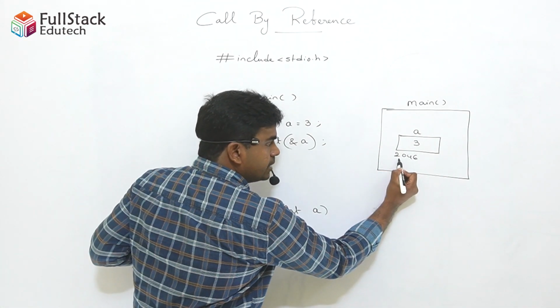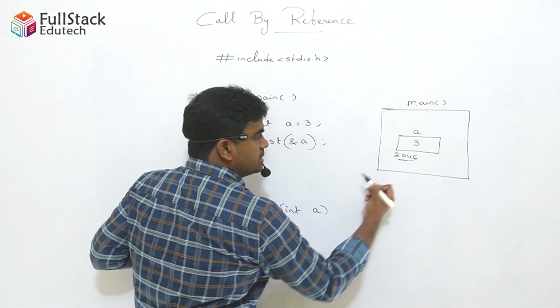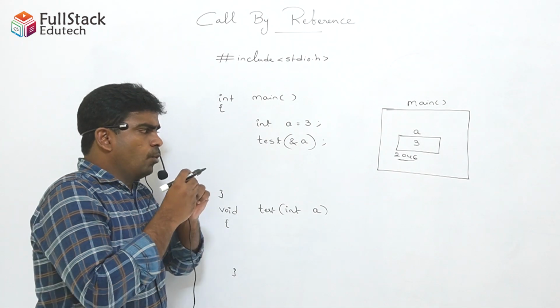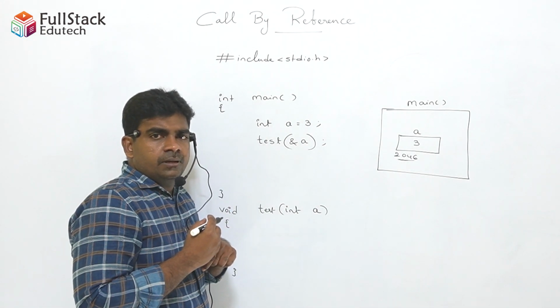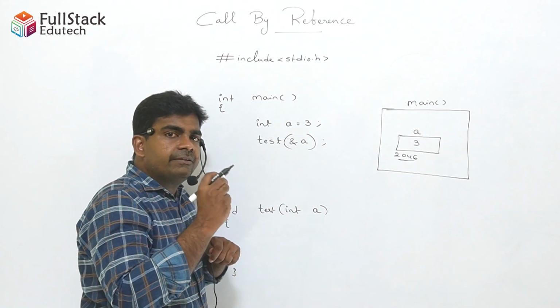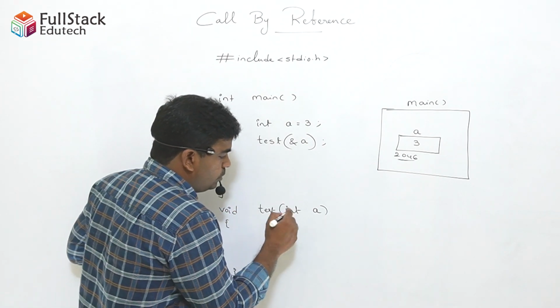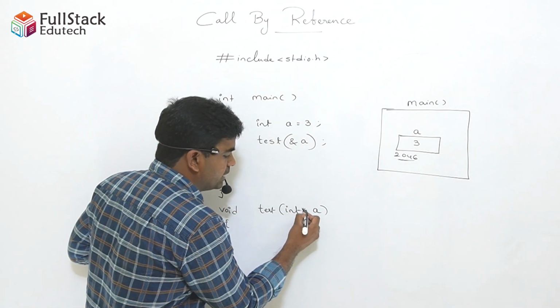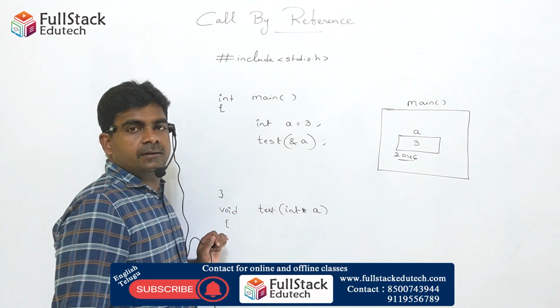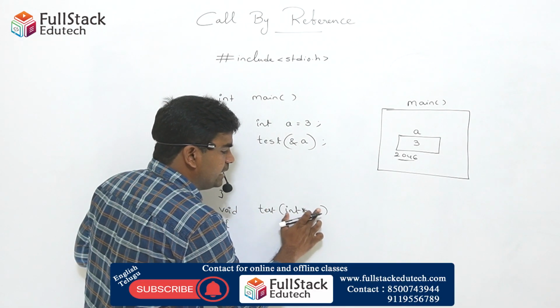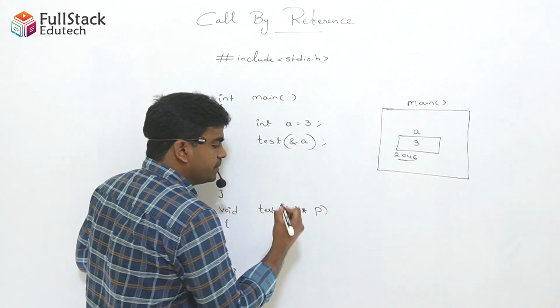What is the address? 2046 you are passing. Sir, what type of variables store an address? Right, only pointer variables store addresses. So just make it a pointer variable: integer pointer A. Or if you are confused, integer pointer P.